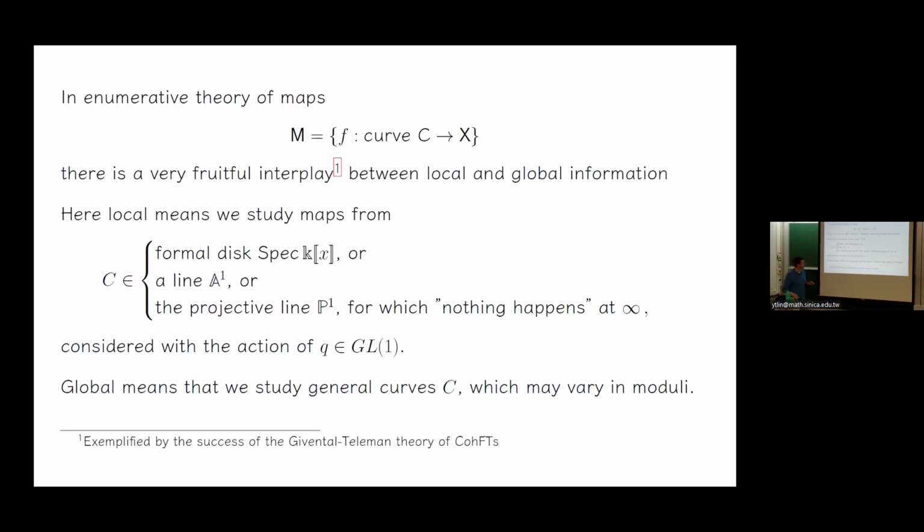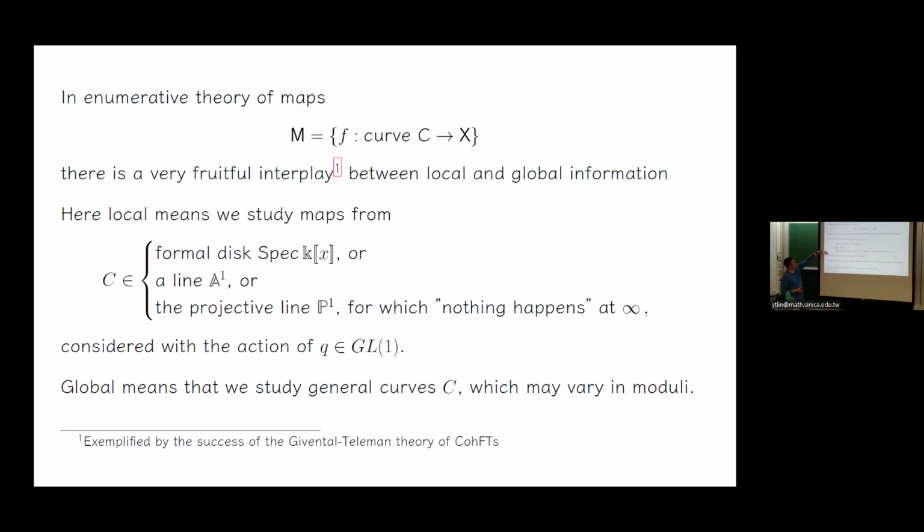And in all of these setups, you have an action of Q, which scales your source. All of these sources have an automorphism Q. And you get something which depends on that Q.